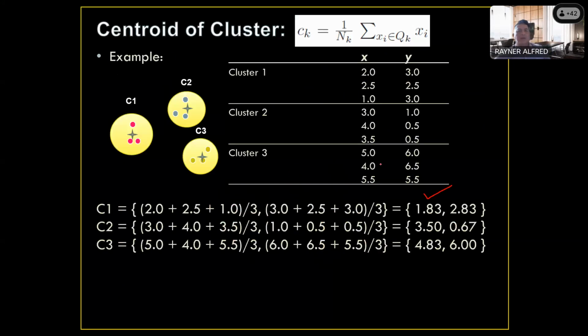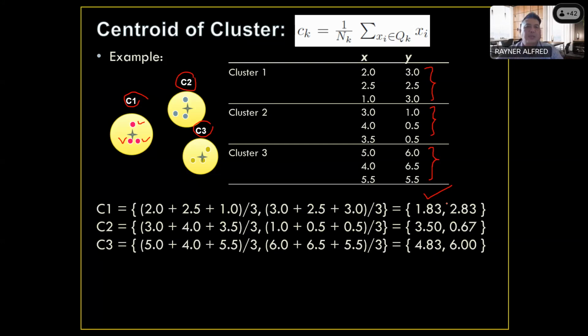Okay, let's suppose we have this data. We have cluster 1, cluster 2, and cluster 3. Each cluster has 3 data points, 1, 2, 3, so these are the values, and cluster 2 also has 3 members.